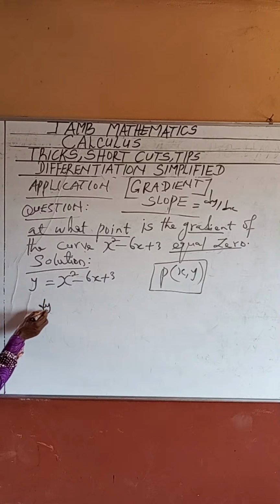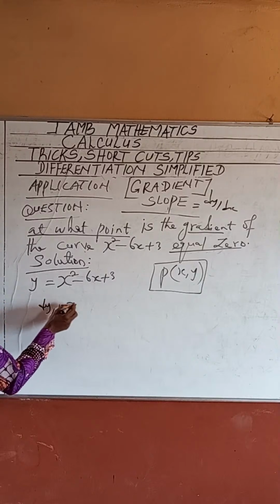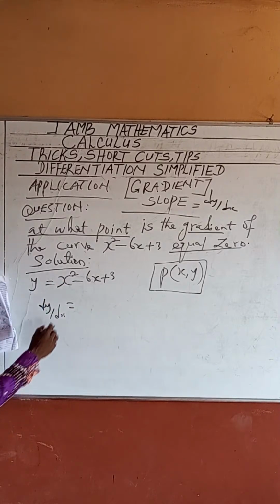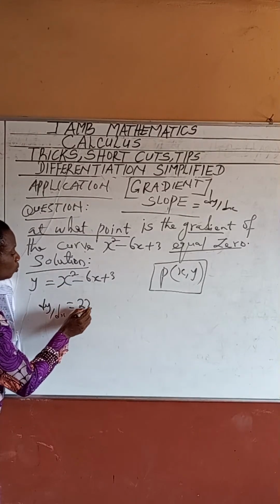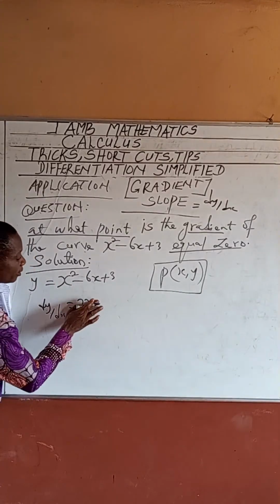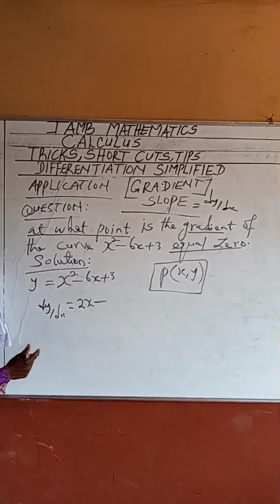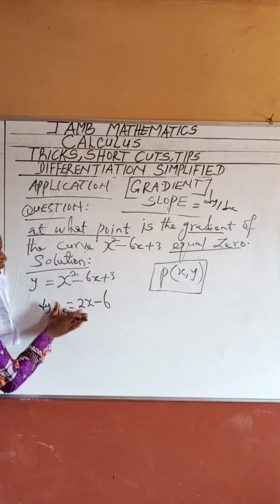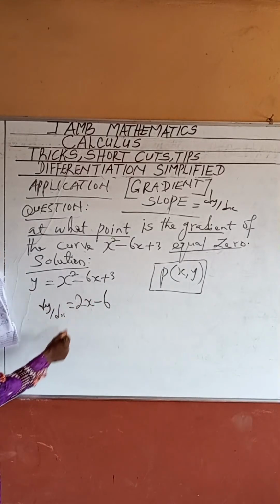First, let's get our dy dx, which is the language of gradient. Differentiate x squared, we are going to get 2x. This minus remains there. Then differentiate 6x, we'll be left only with 6. Here is 2x and here is 6.